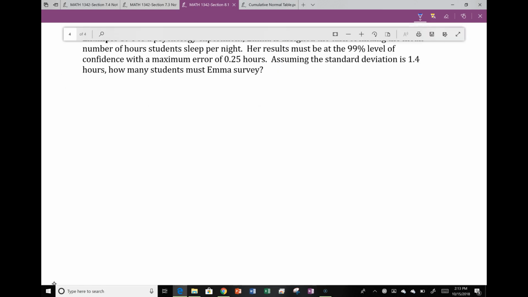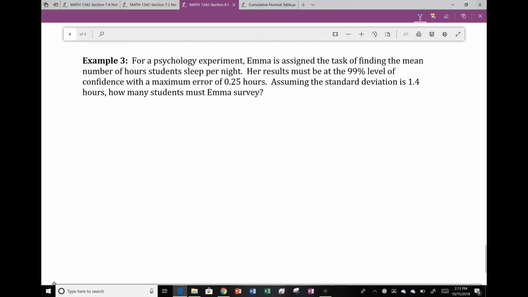Let's look at example 3. For a psychology experiment, Emma is assigned the task of finding the mean number of hours students sleep per night. Her results must be at a 99% confidence level with a maximum error of 0.25 hours.